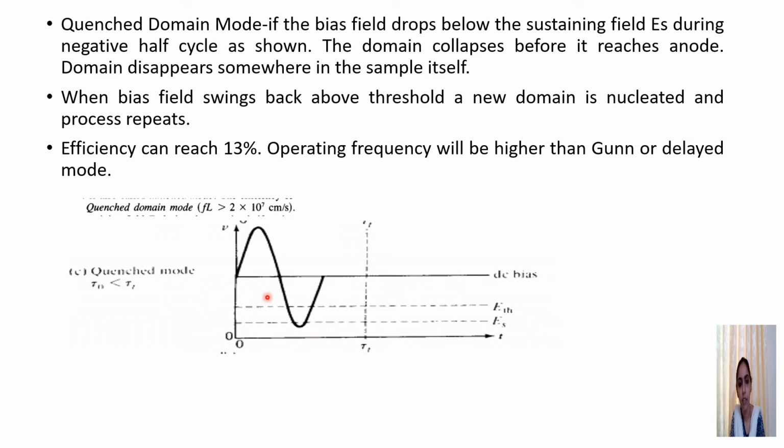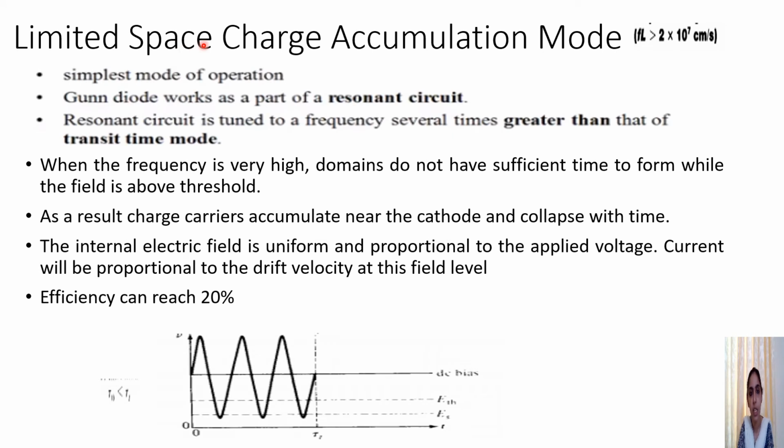Okay, so we have to consider this mode as such, and here how will the period of oscillation be? It will be very much lesser than the transit time TOT. So the frequency will be higher than the Gunn or the delayed mode. Next, the limited space charge accumulation mode, that is when fL is greater than 2 into 10 raised to 7 centimeter per second.